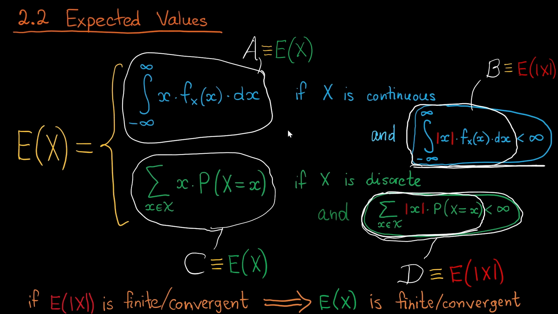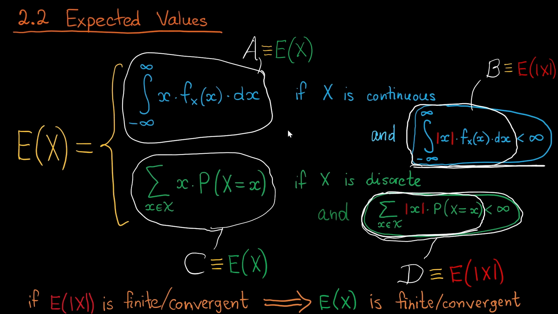Later in this section, we'll be able to recognize B and D as being just the expected value of the absolute value of the random variable x. Notice that it is these conditions B and D that give the expected value its legitimacy. Those conditions must hold for an expected value to exist.